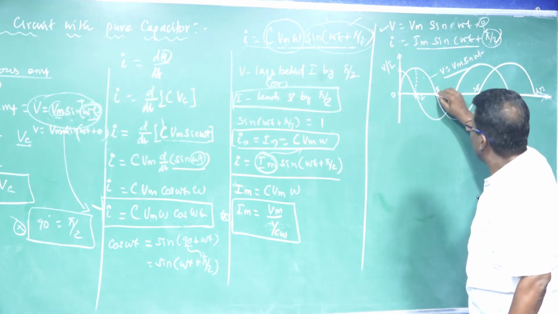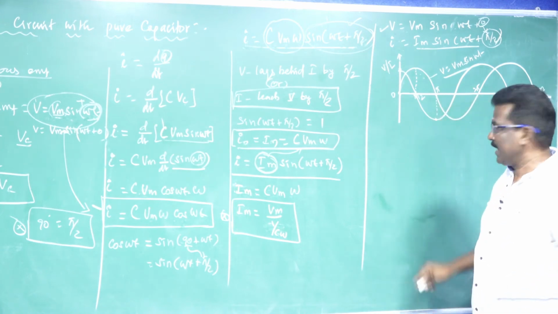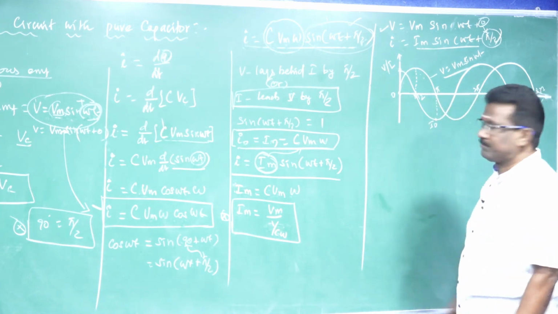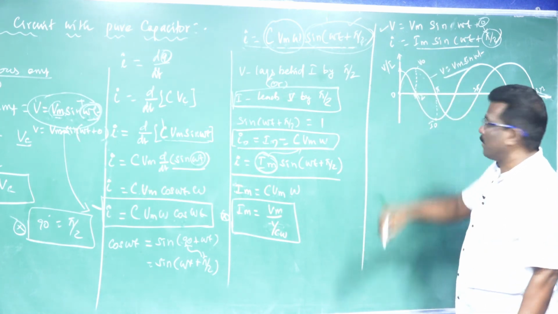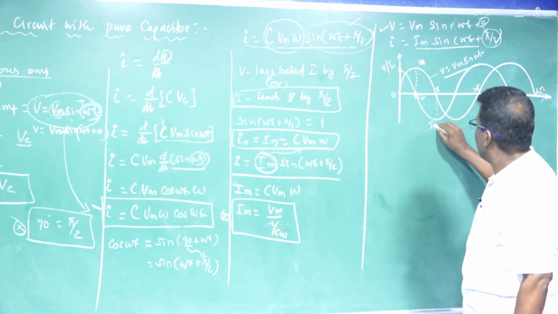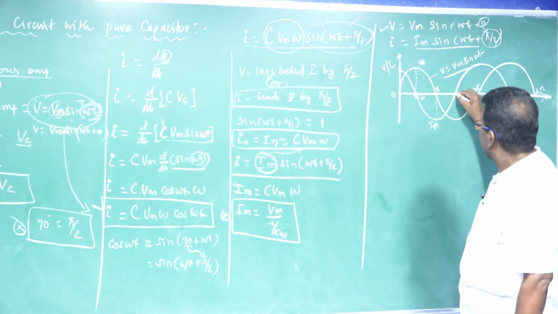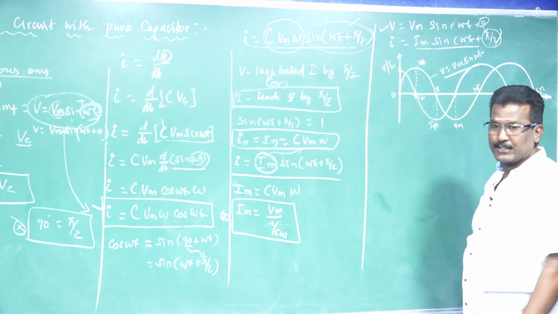See, when voltage is 0, current is maximum. That is I naught, the current I naught. This one is V naught, maximum, or Vm. When current becomes 0, the voltage becomes maximum in the opposite direction.